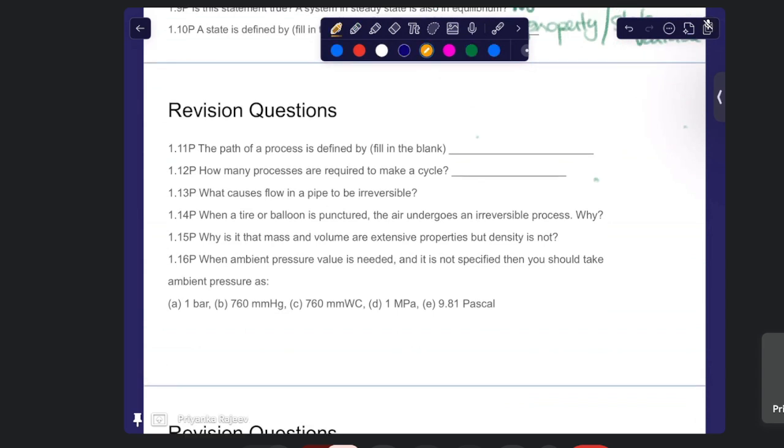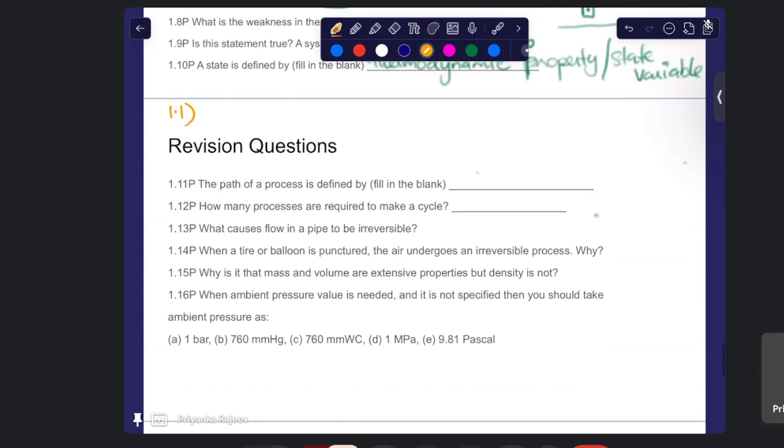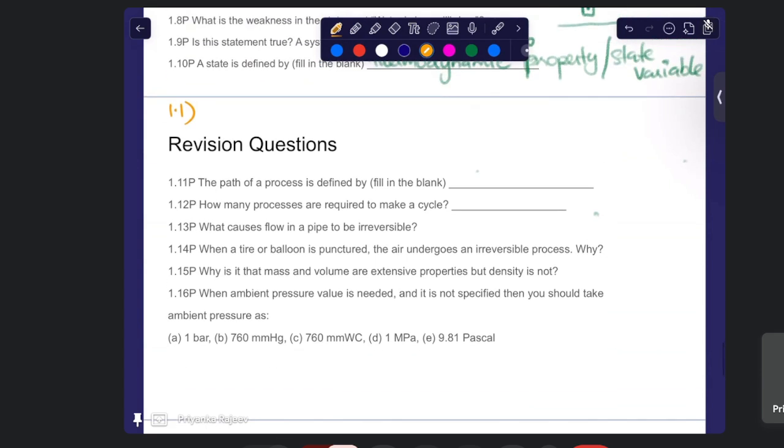1.1. What I was saying, the path of a process is defined by the sequence of states through which the system passes from initial state to final state.